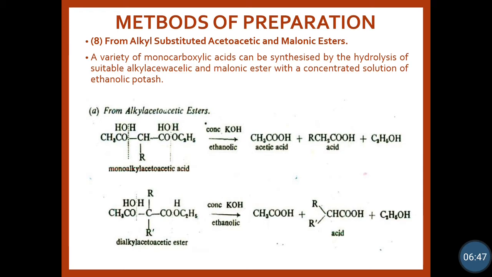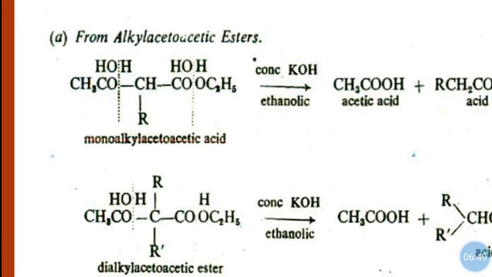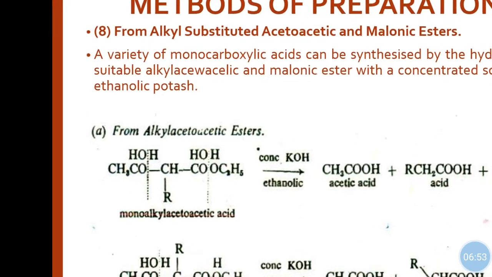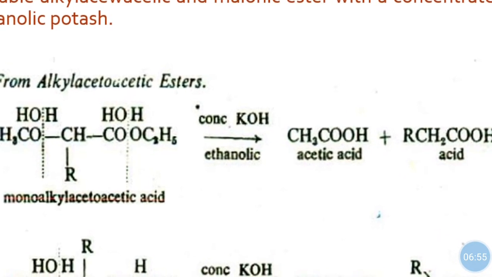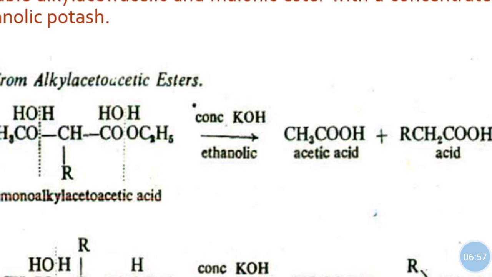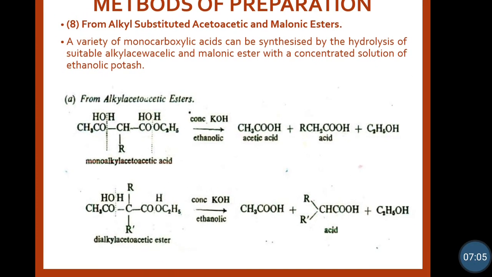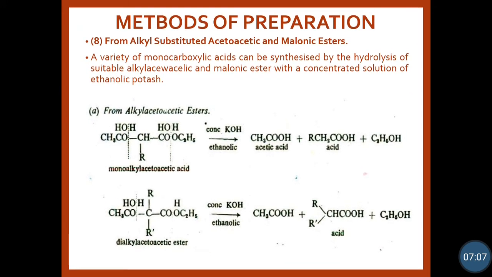So monoalkyl acetoacetic acid, with concentrated ethanolic KOH, gives acetic acid and another acid and alcohol. So this is the example.